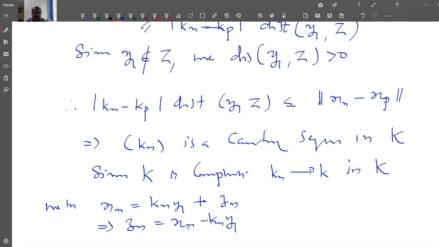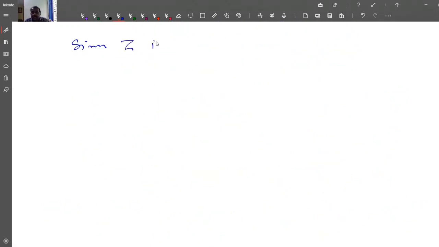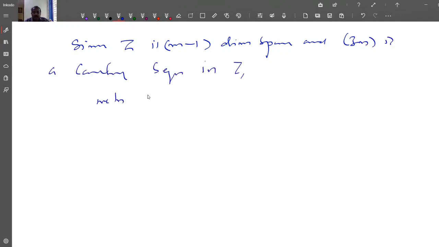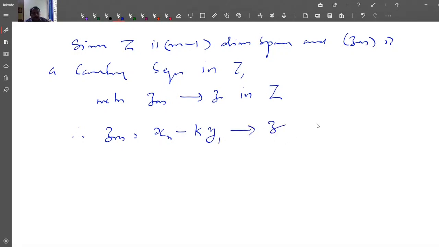So you have x_n is a Cauchy sequence, k_n is a Cauchy sequence, therefore z_n is a Cauchy sequence in Z. And since Z is an m minus 1 dimensional space and z_n is a Cauchy sequence in Z, we have z_n converges to z in Z. Therefore, z_n equal to x_n minus k_n y1 converges to z.